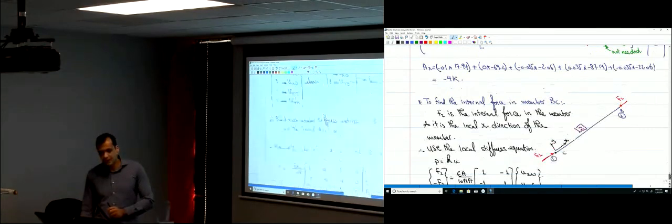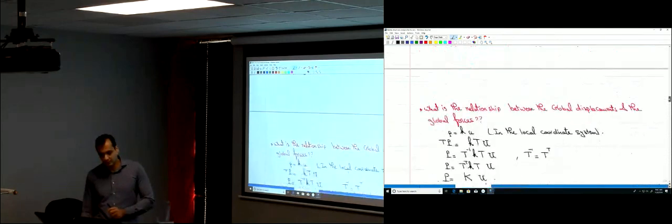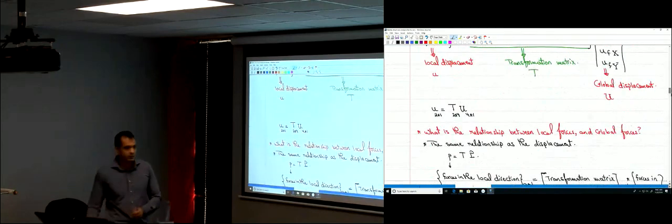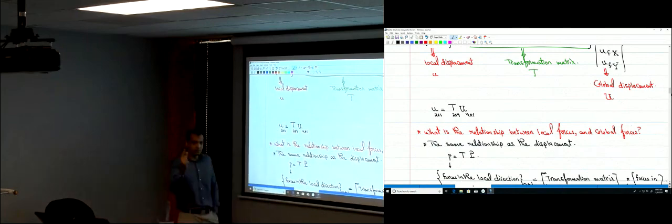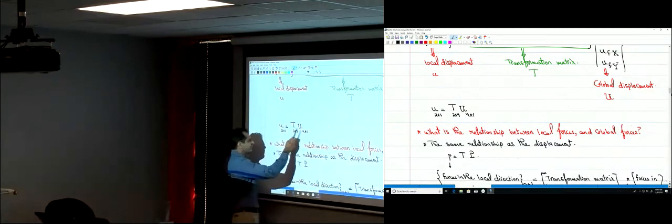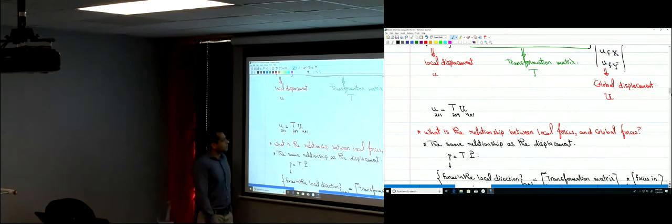Let's move back here to our derivation. We said u in the local direction, 2 by 1, at the near end and the far end, equals the transformation matrix multiplied by u global. Okay? So just use this one.